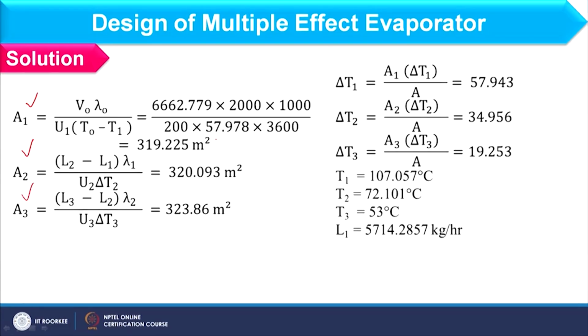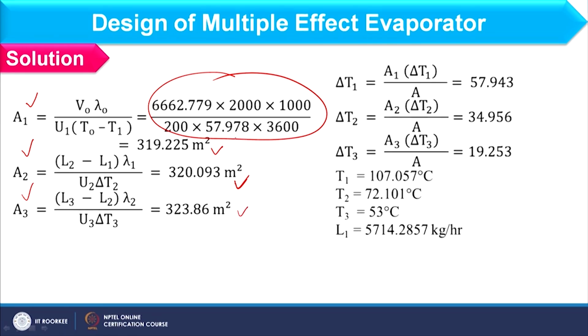Okay. So, now the area of each effect considering all these values, I am not going into details of this because this point we have already discussed in the last iteration. So, A1 value you can obtain as 319.225, A2 320.093, A3 323.86.